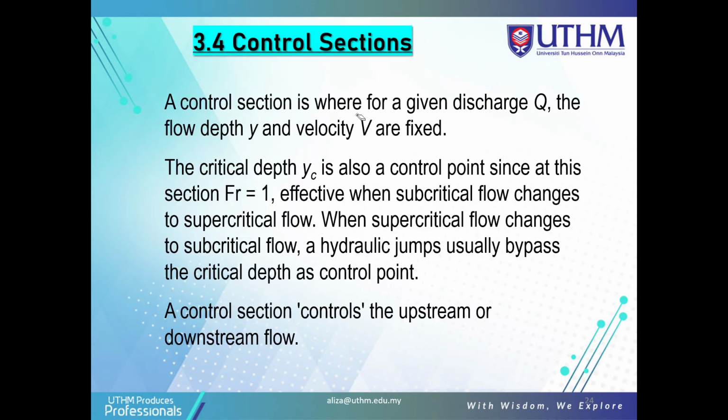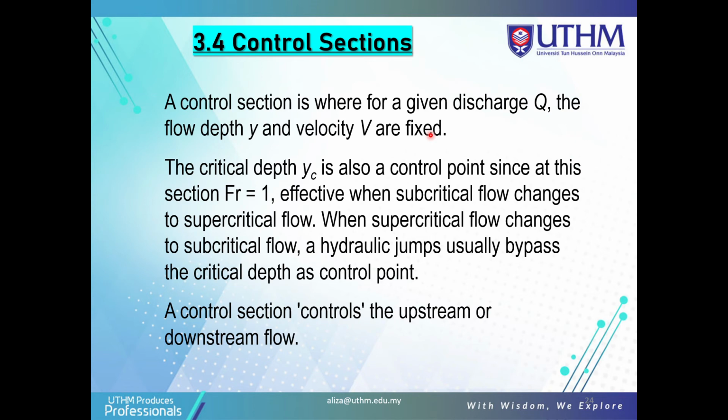So now we look at the control section. After we have learned the YC based on the formula given for rectangular section and also the other sections, now we look at the control section. A control section is where, for a given discharge Q, the flow depth Y and velocity are fixed.